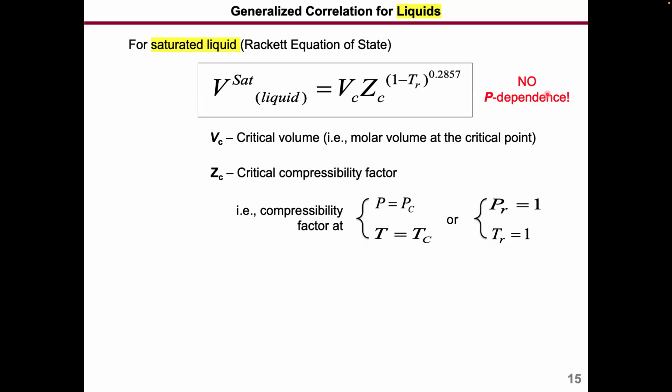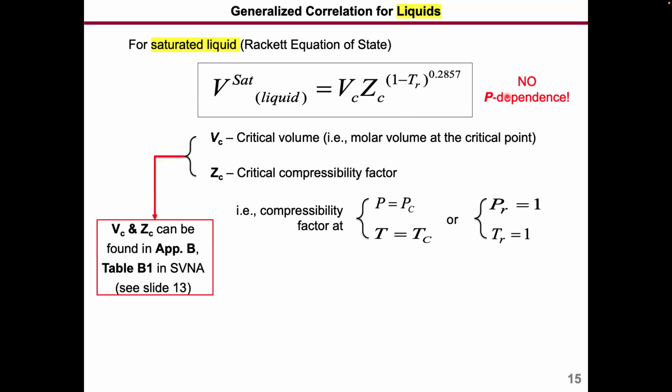The reason we don't have much pressure dependence is that liquids are usually incompressible, not like gas. Gas is compressible, so depending on pressure your gas molecules become closer to each other and you can compress it. But for liquid, there is not much compressibility. That's why in this particular case we don't have any pressure dependence.